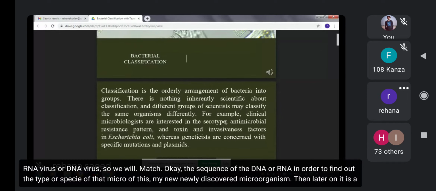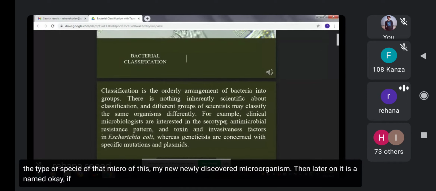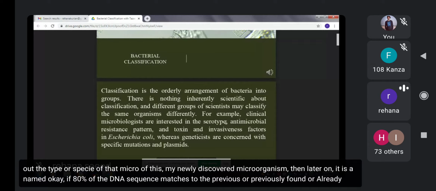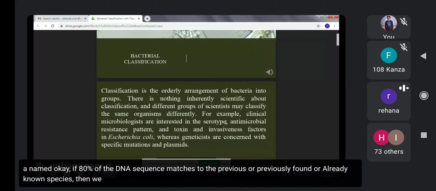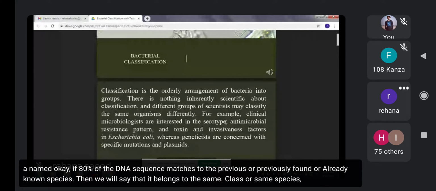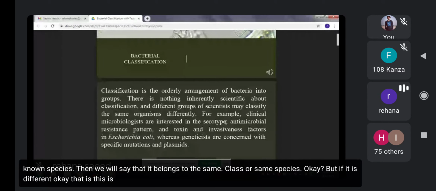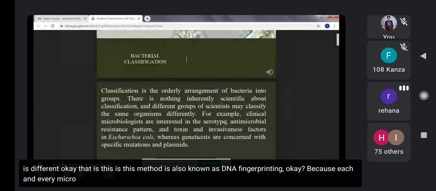If 80% of the DNA sequence matches a previously found or already known species, then we will say that it belongs to the same class or same species. But if it is different, okay, this method is also known as DNA fingerprinting, because each and every microorganism has a different DNA sequence.